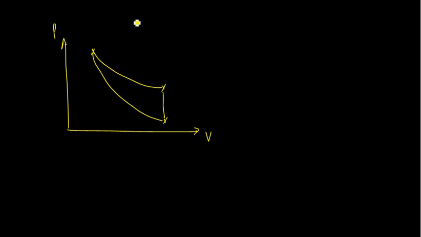So let's name this path as A, isotherm, then B we have adiabat, and C it's an isochore or just constant volume.